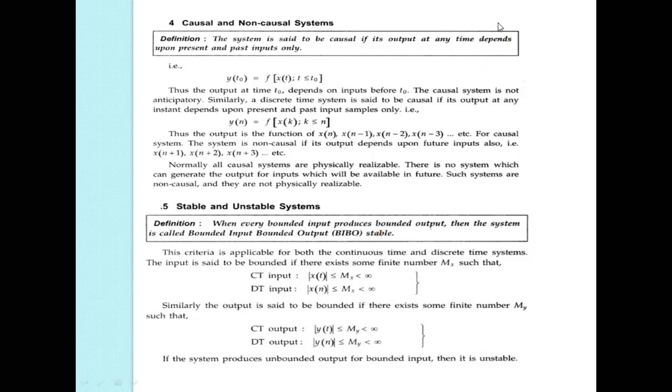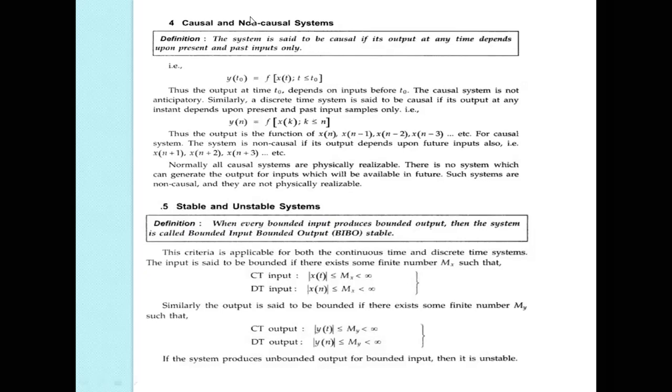Now the fifth one. Coming to the fifth one, my dear students, stable and unstable systems. What is a stable system?